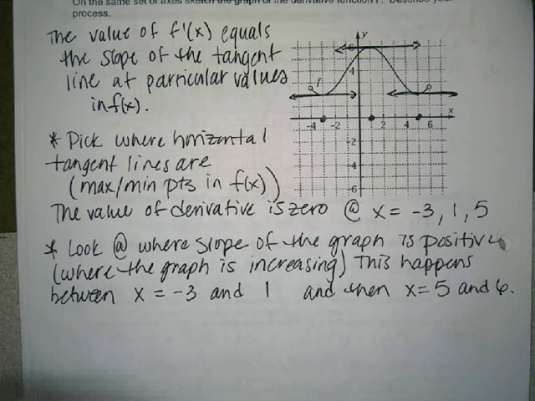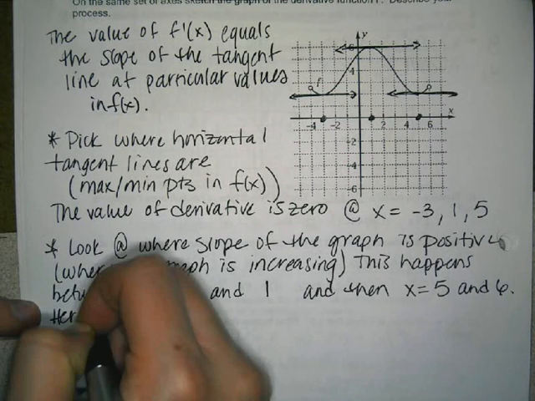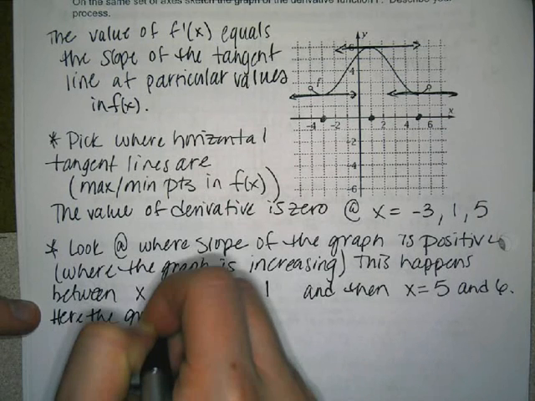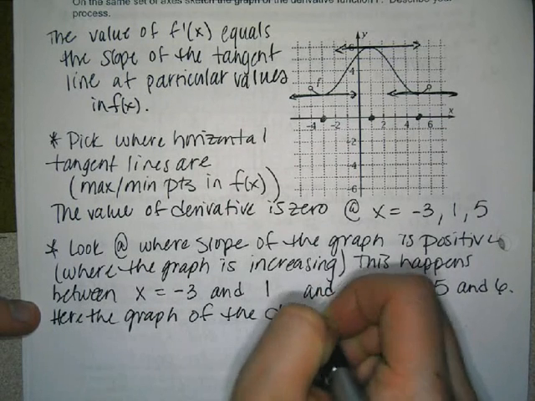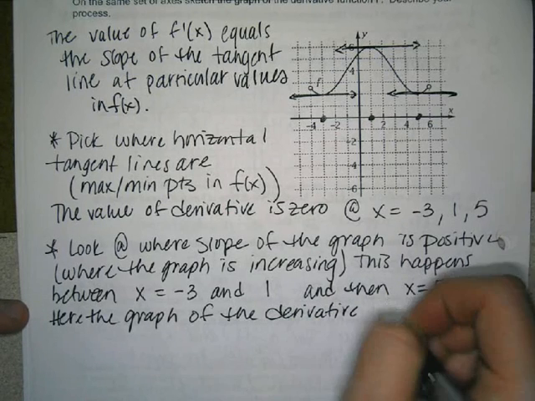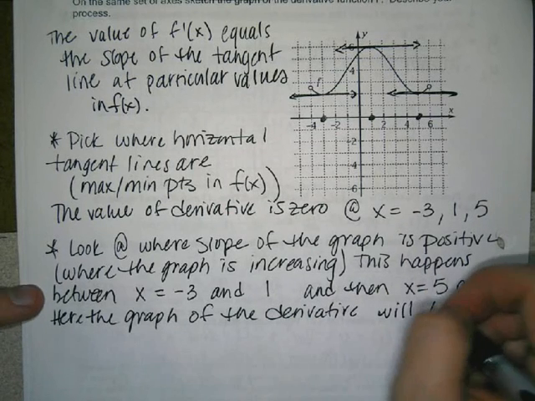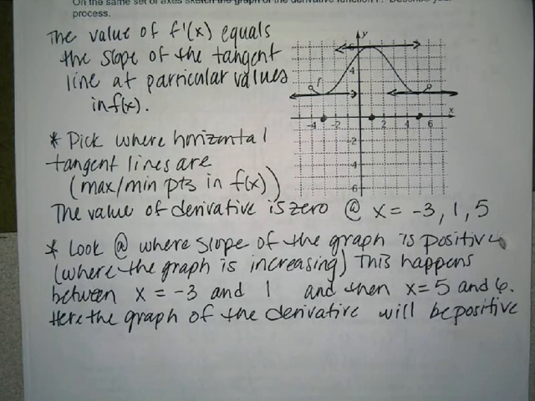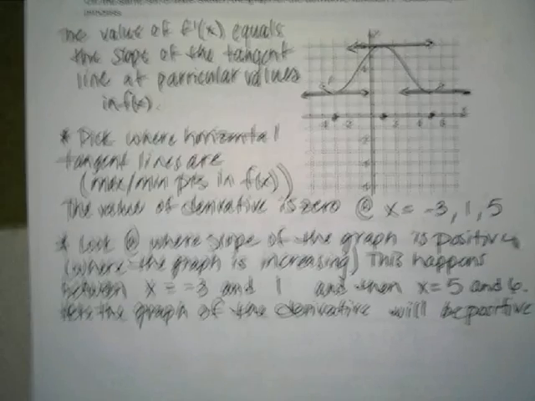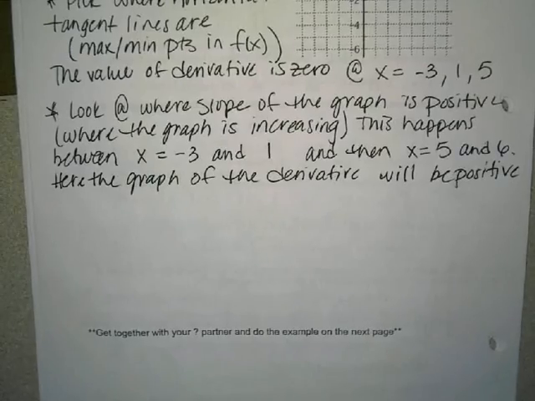Okay. Here the graph of the derivative will be positive. Now, why is the graph of the derivative positive? Because it's a positive slope, and derivative is the slope of the tangent line.